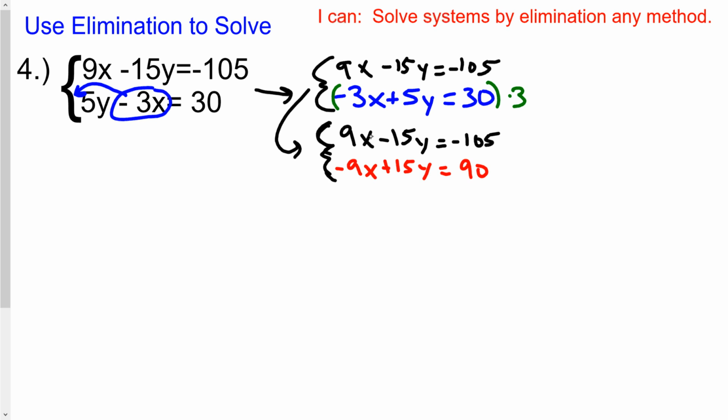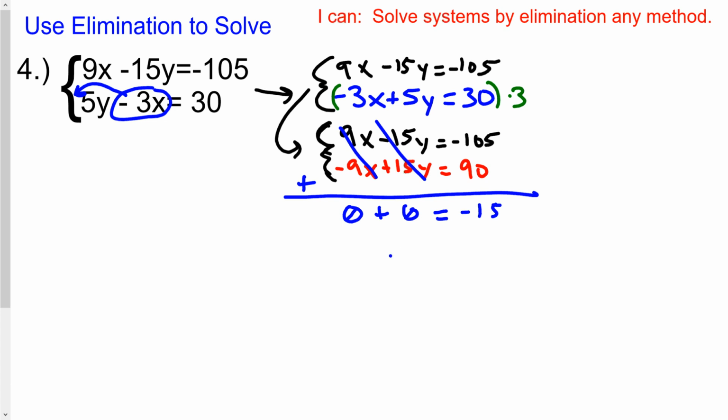Looks like, we're adding, so 9x plus a negative 9x is eliminated. And also, negative 15y plus 15y eliminates. Now the question is, what's left? Well, 9x plus negative 9x is 0. We have another 0 here. And here we have negative 105 plus 90 is a negative 15.